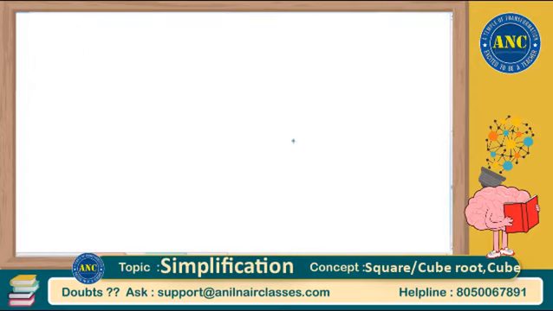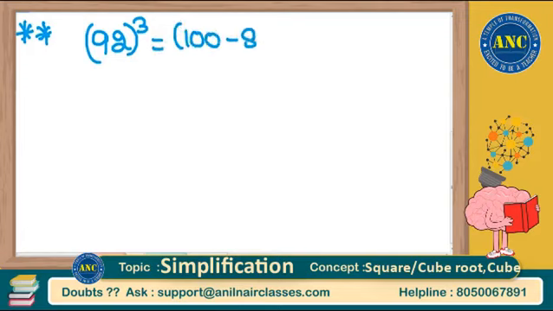Now, one last question in this concept. Beautiful question. Please put a star mark for this question, sir. Suppose I want to find 92 whole cube. 92 is 100 minus 8 whole cube. Base is 100, which is 10 power 2. X value is minus 8.